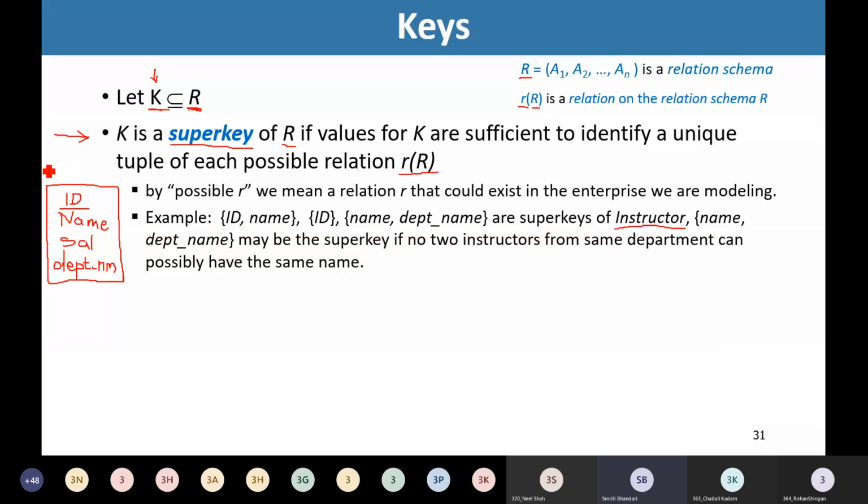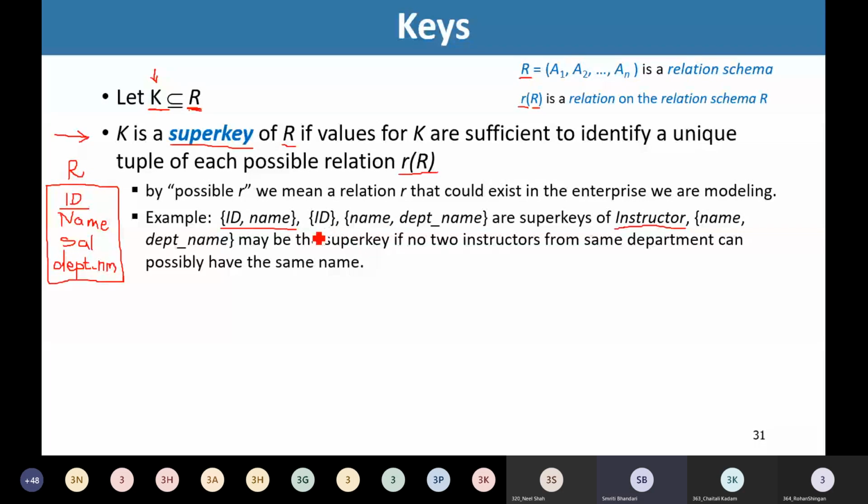Now in our instructor relation we have these four attributes. These four attributes denote my relation schema R, capital R. Now if I have a subset of this capital R, say ID and name, then ID and name is one of the subsets of capital R, or this instructor schema.